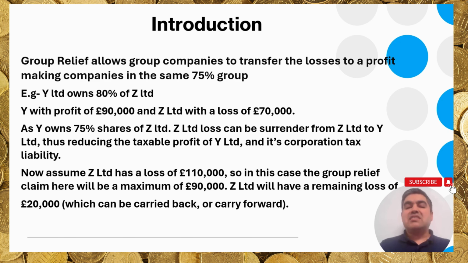So Z Limited can transfer only £90,000 worth of losses to Y Limited. Z Limited will still have a remaining loss of 20,000, which can be carried back or carried forward. If you have seen my other video on trading losses, where I explained how loss relief works in the UK for a standalone company, you must watch that video as well.